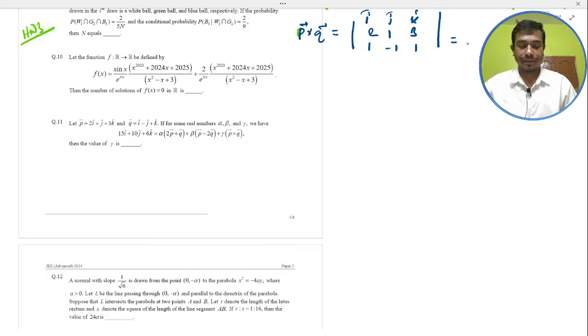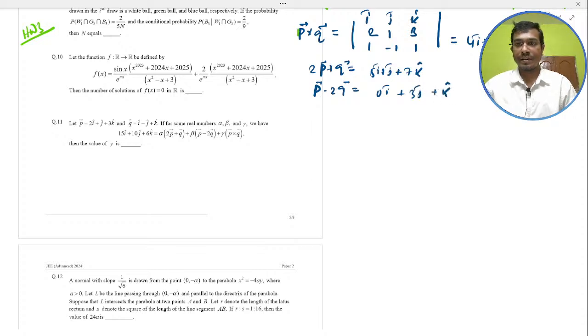So this will become 4i plus j minus 3k. So 2p plus q will become 5i plus j plus 7k. And p minus 2q will become 0i plus 3j plus k.